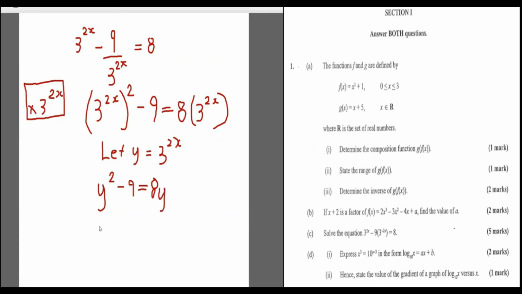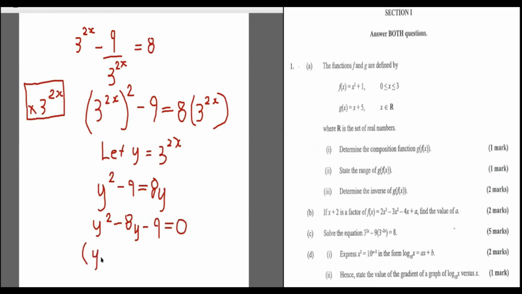This looks like a quadratic equation. So now we have y squared minus 8y minus 9 is equal to 0. This becomes so easy to solve because now we can factorize it.